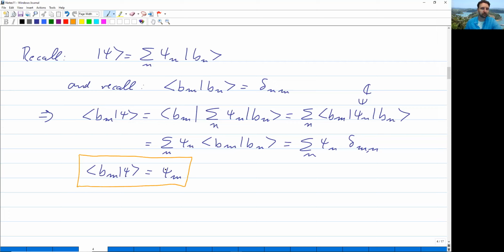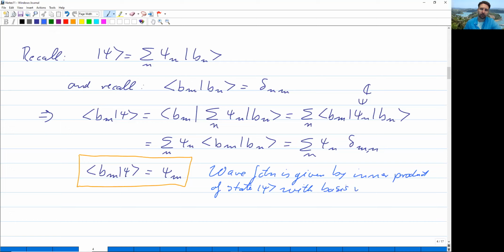Okay, so the wave function of a state in a basis is given by the inner product, or scalar product, of the state ψ with the basis vectors Bm.